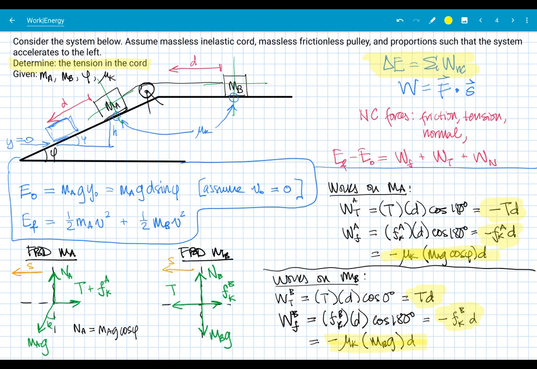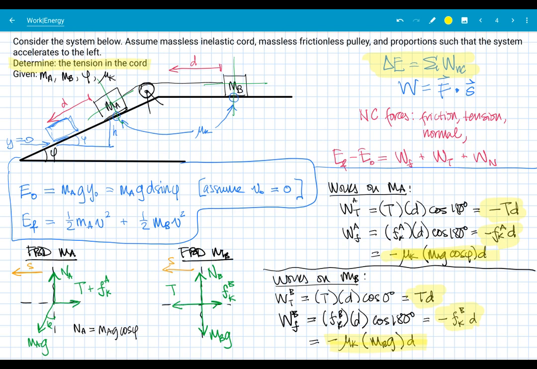So there are different ways to do this. If you look at the written solution, you can get a handle on the different approaches. But what I'm going to do now is just pick one of these blocks to look at. I know I need to look at one in isolation, or by itself, because I need the tension to be a quote unquote external force in order for it to not equal 0 when I sum up all my works.